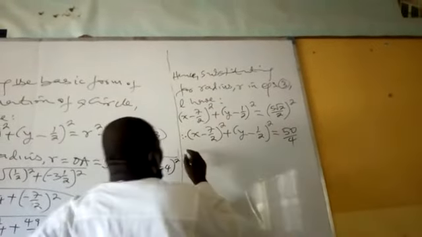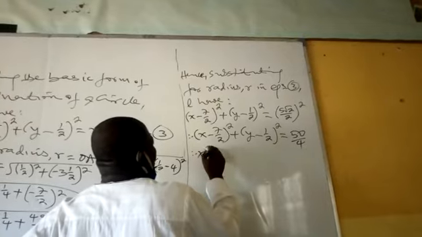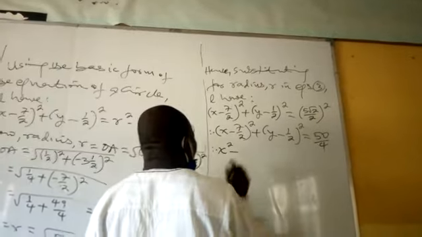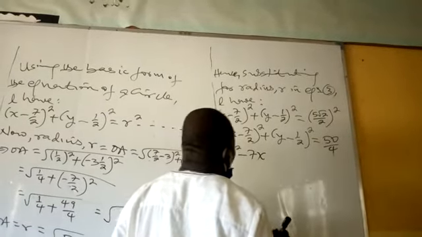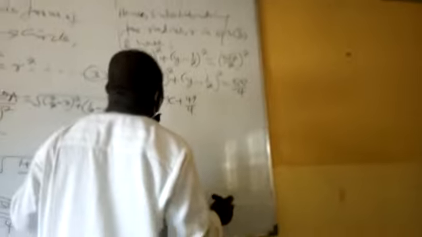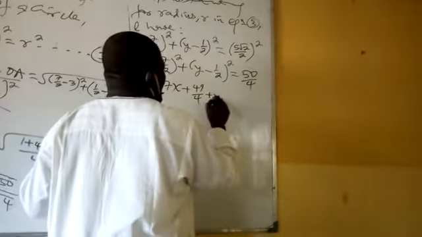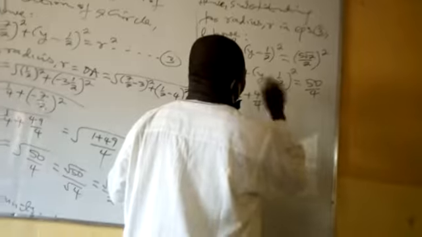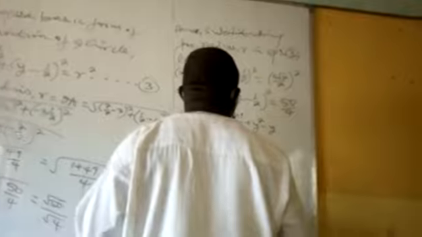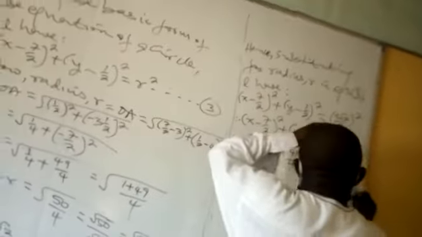Now, expanding, I have x square minus 2 of this, so 7x, plus 49 over 4, plus y square, then 2 of this, that will be minus y, plus 1/4, is equal to 50 over 4.